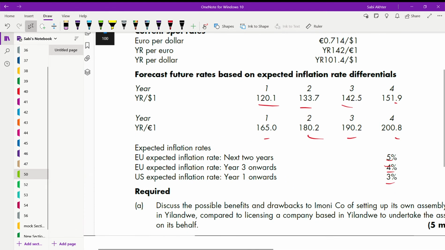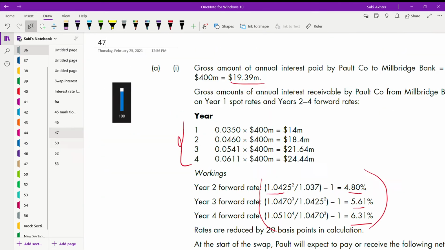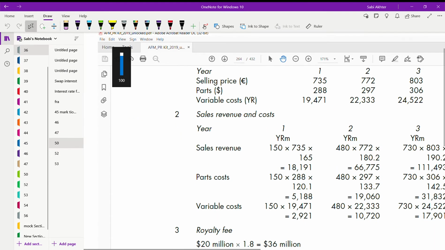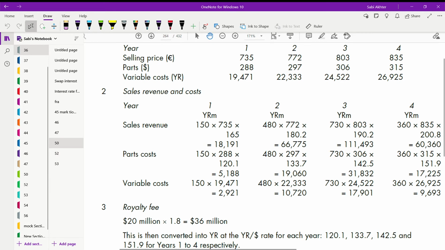That's it for this 50 mark question. Sometimes this is an exchange rate, or this one. If the currencies are different, then it would be different. That's why two lines of exchange rates are given to you. Here you have to convert to this currency if it's not in AFM.